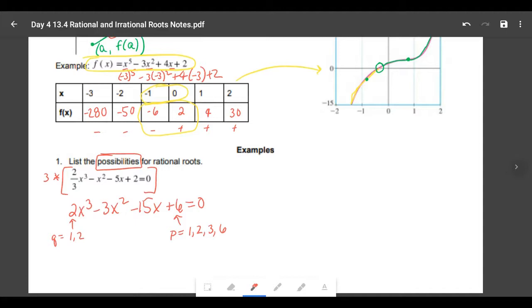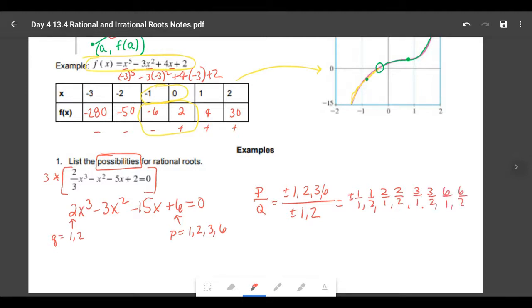So I just need to write these out. p's over q's can be any combination of positive or negative values with 1, 2, 3, or 6 in the numerator, and positive or negative values with 1 or 2 in the denominator. I could have plus or minus 1 over 1, 1 over 2, 2 over 1, 2 over 2, 3 over 1, 3 over 2, 6 over 1, and 6 over 2.